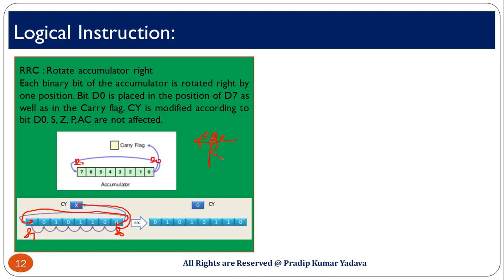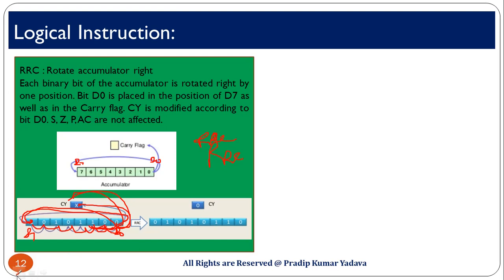Now you write RRC again, then what happens? This bit already shifted, now this bit will be here, and this will be here, so every bit is shifted by one. The third time, this bit will be here, and here, and then here, so every time you have to shift one bit.